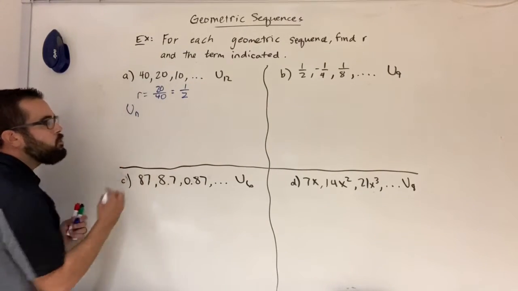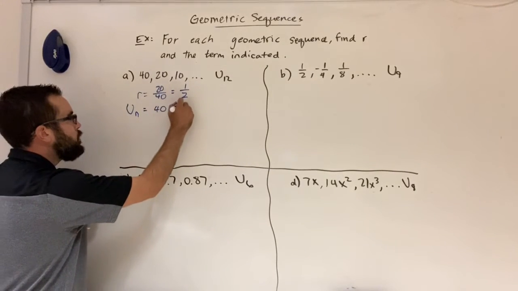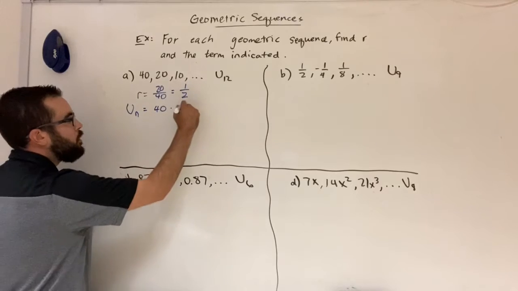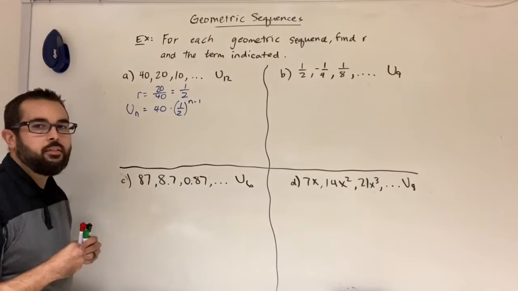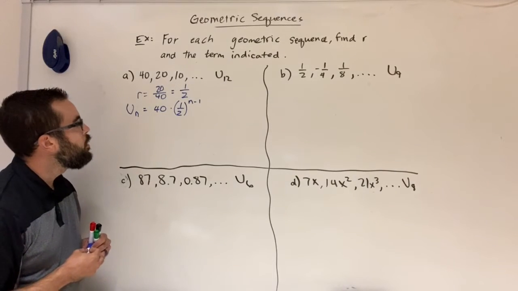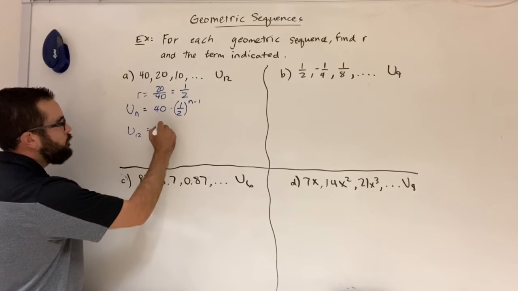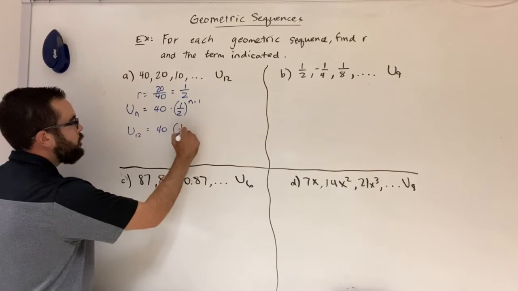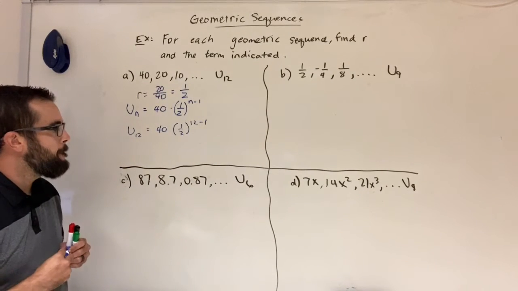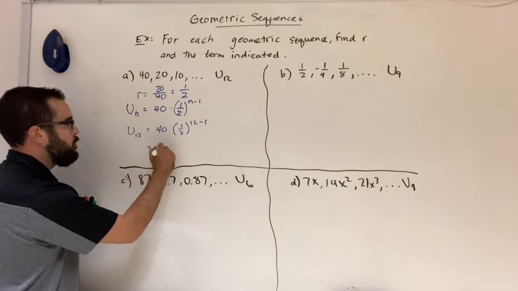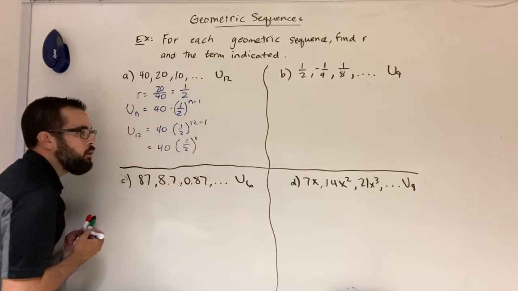All right, so we got r. That means u sub n, the nth term in our sequence, is going to be 40 times (1/2) to the n minus 1, and I'm going to put the 1/2 in parentheses. So we have u sub 12 is equal to 40 times (1/2) to the 12 minus 1, which is 40 times (1/2) to the 11th power.